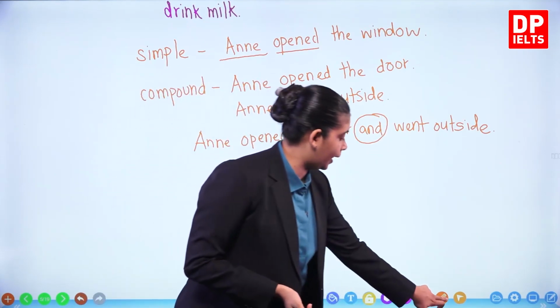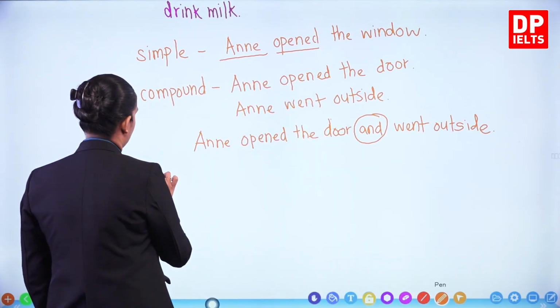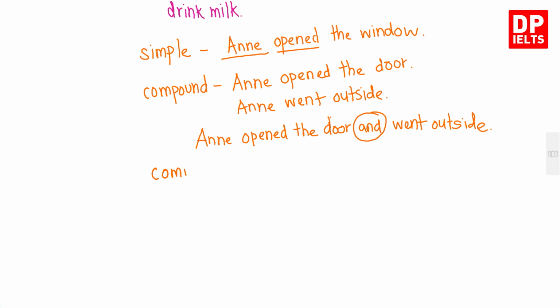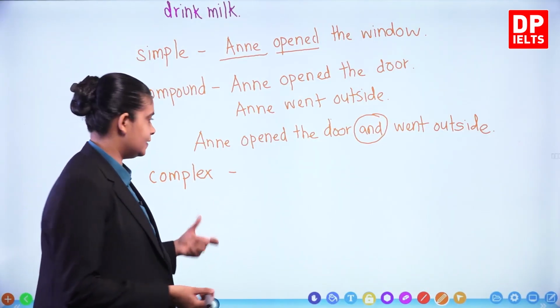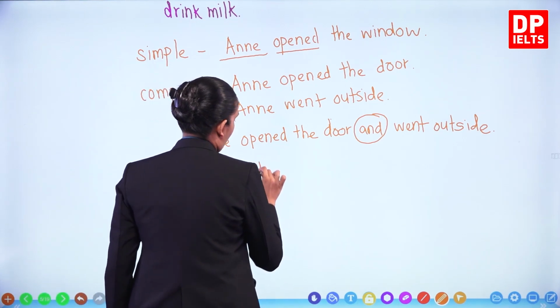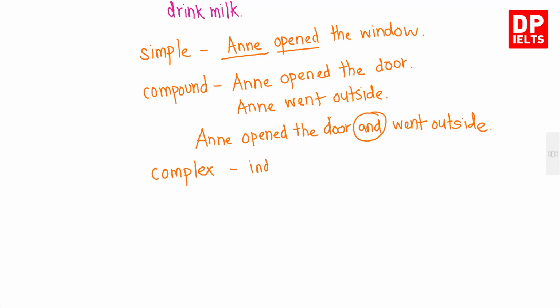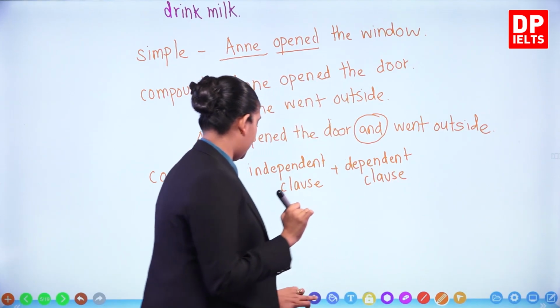Let's have a look at a complex sentence structure. So in a complex sentence structure, you have an independent clause plus a dependent clause. Let me show you an example.